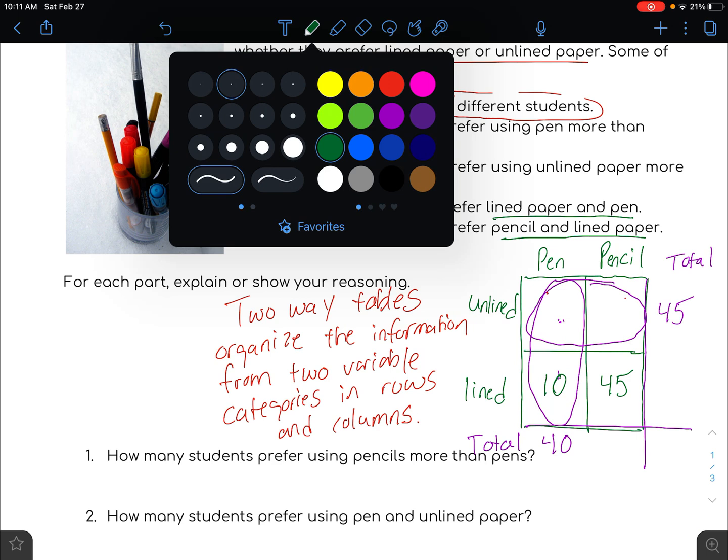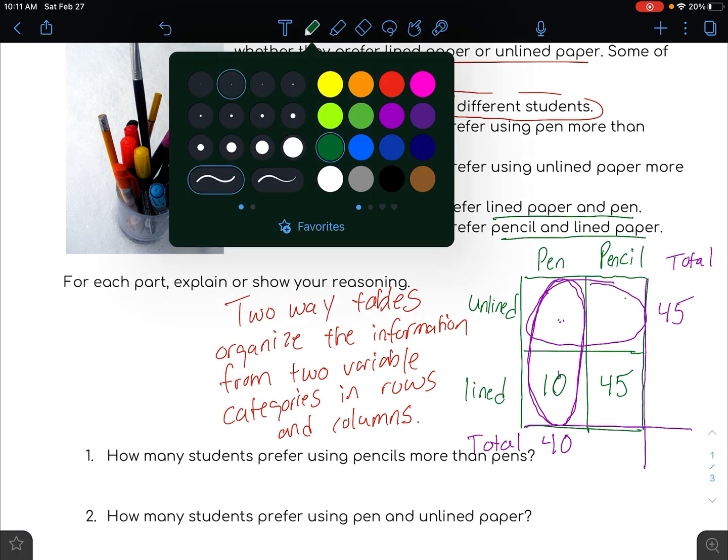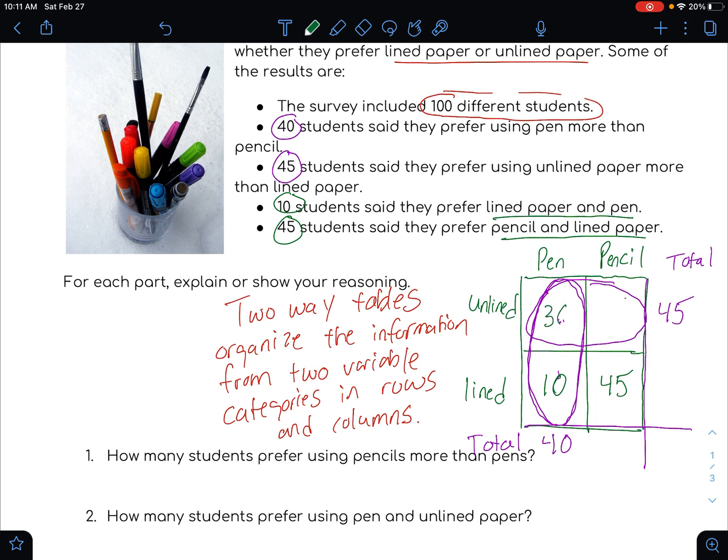So if we know there are a total of 40 students that prefer pen, and we know 10 prefer lined paper and pen, how many does that leave for unlined paper and pen? So doing a little subtraction there, or reverse addition, that must leave 30, because 30 plus 10 is equal to that 40.